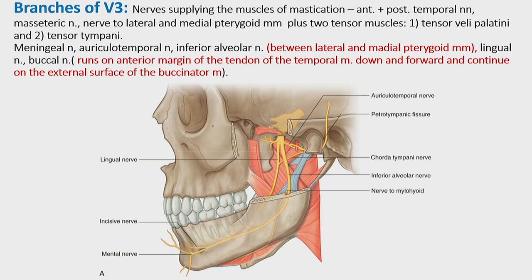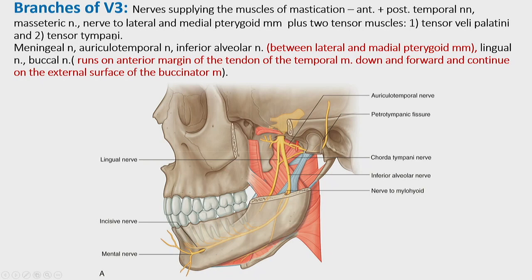The somatomotor function must innervate the muscles. You know already that the muscles of mastication are innervated by the mandibular nerve: the anterior and posterior deep temporal nerves, the masseter nerve, and the nerves to the lateral and medial pterygoid muscles, together with two other muscles, tensor veli palatini, a muscle of the soft palate, and tensor tympani, a muscle of the middle ear.